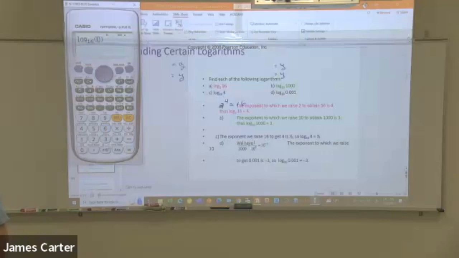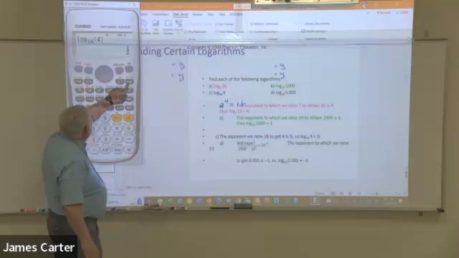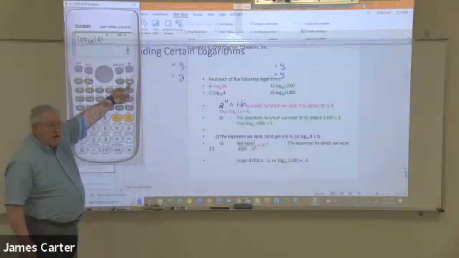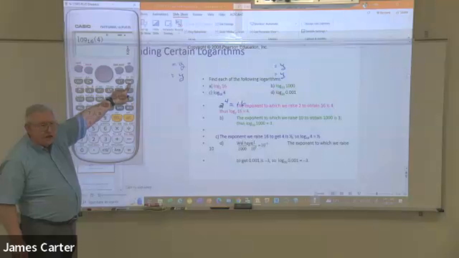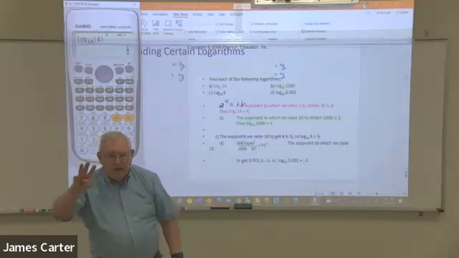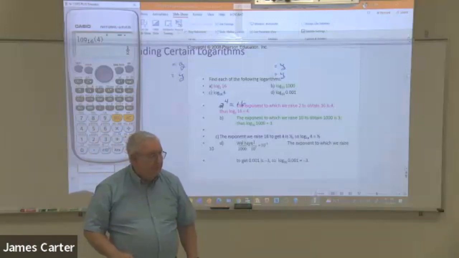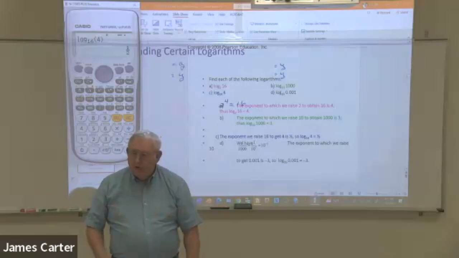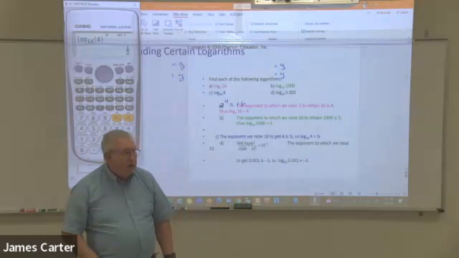Then I'm going to scroll over and put in the 4, and hit equals. That key, log anything of anything, is a key that TIs don't have. It's also a key that, when we start doing change of base, will save you 4 manual steps. So that's why I encourage you to use this particular type of calculator.